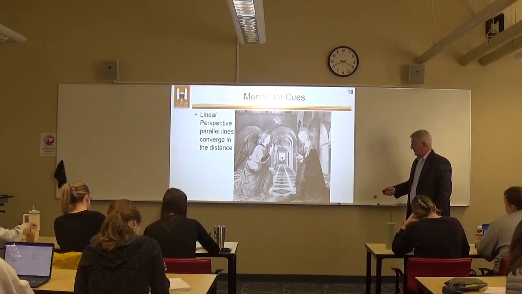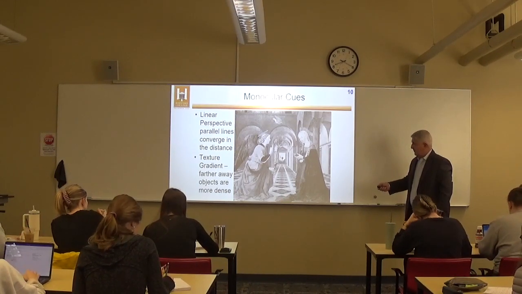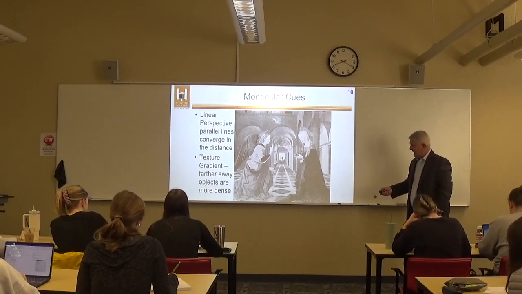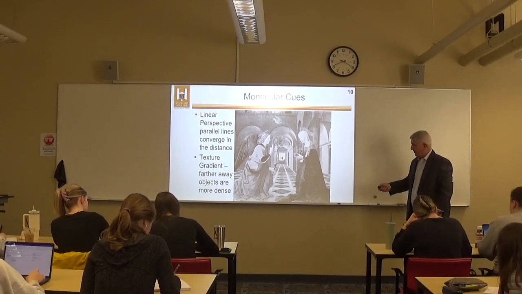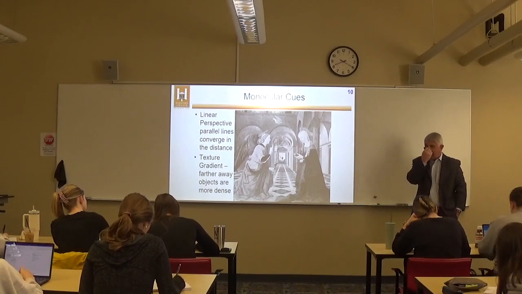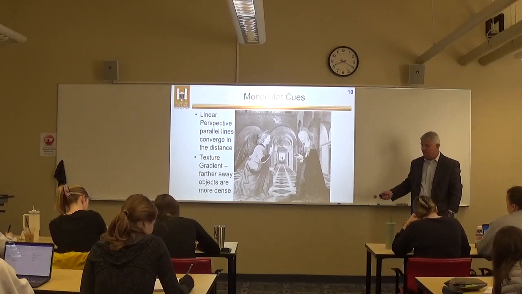In addition to linear perspective, we also lose the ability to see texture. So up here the tiles are nice diamond shape, they start to become flatter with linear perspective, and then all of a sudden we lose the ability to see that gradient. The further away something is, the less clear it becomes, the harder it is to see that gradient.